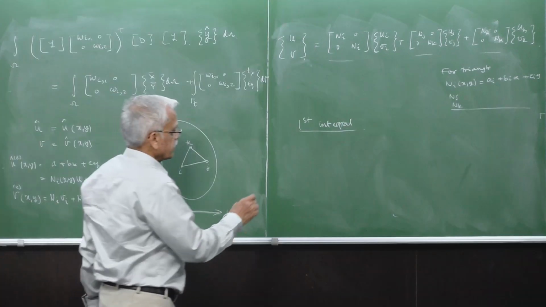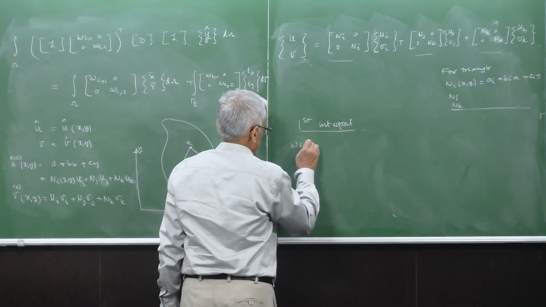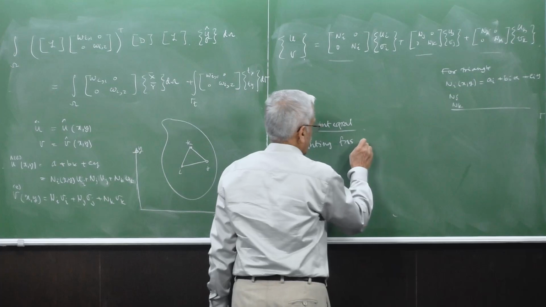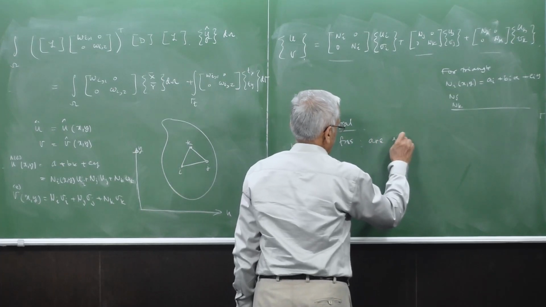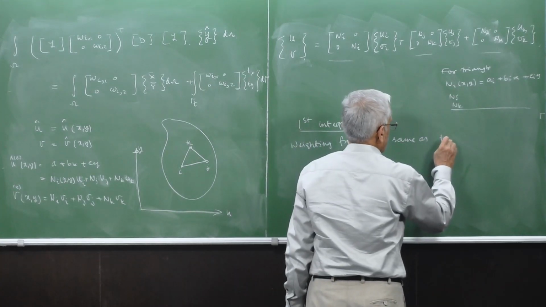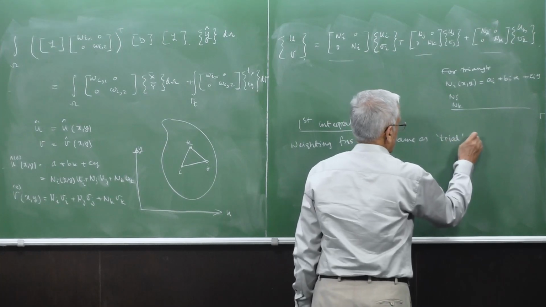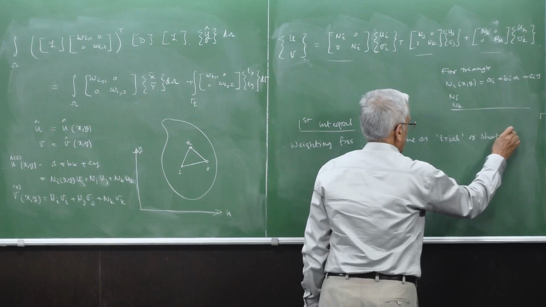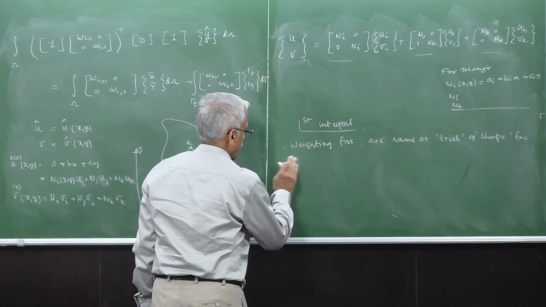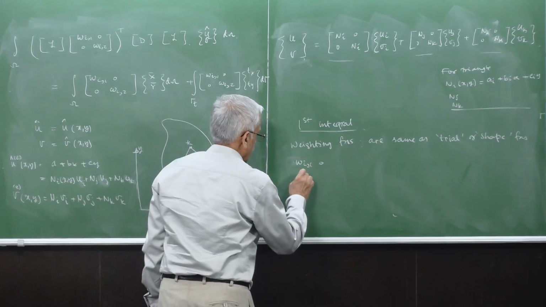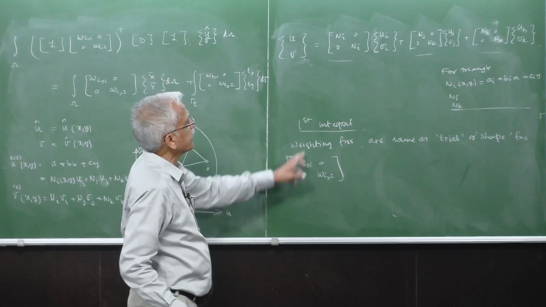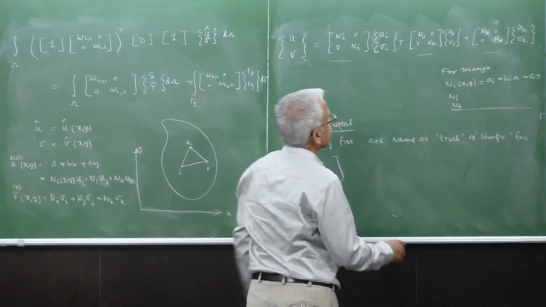Now we know that the weighting functions are the same as the trial functions or shape functions. So this w1 comma 1 and w2 comma 2, what will they be? They will be the same as the shape functions, either Ni or Nj or Nk. I'm sorry, this is j.